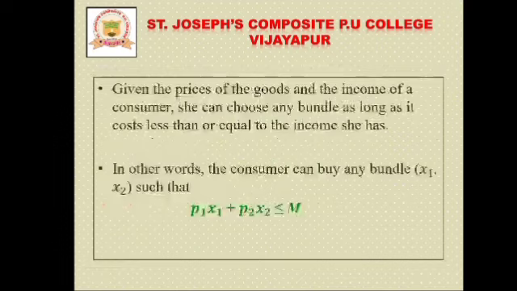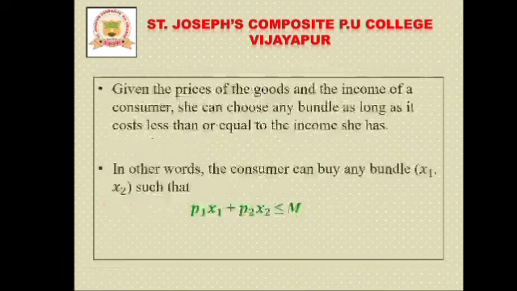In other words, the consumer can buy any bundle, that is X1, X2. That means any bundle; here I am not applying plus. So any bundle means she can choose either X1 or X2, whichever price is suitable to her income. Then we can write like this: P1X1 plus P2X2 is less than or equal to M. M means income.